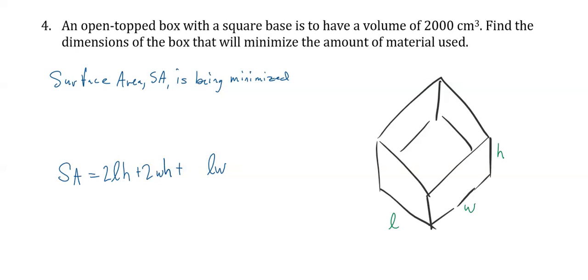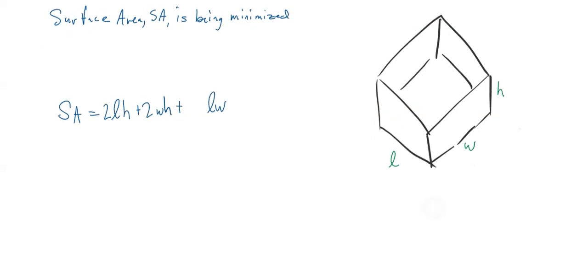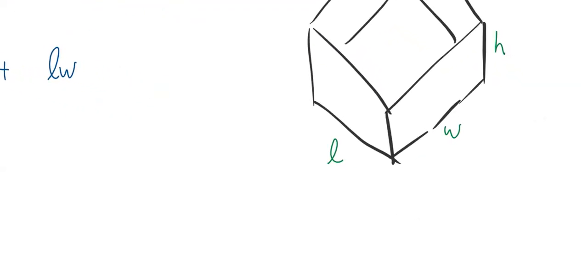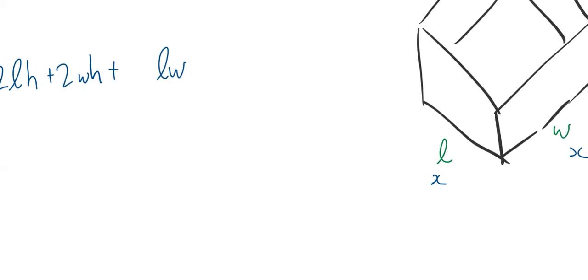To simplify, since you know it's going to have a square base, you can make W equal to L. Yeah, so I'm going to change them both to a different variable. I'm going to call them x. So x is the length and width of the box.